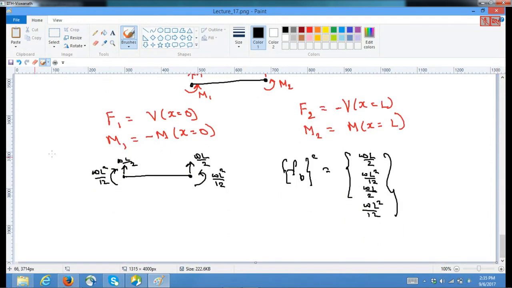So I will have this as my consistent loading. Why it is called consistent loading is, if you assume a fixed beam and apply the same amount of these kinds of loading onto it, the amount of reaction forces you get out of this is... oh, I think I've drawn it reversely, so let me just erase it.